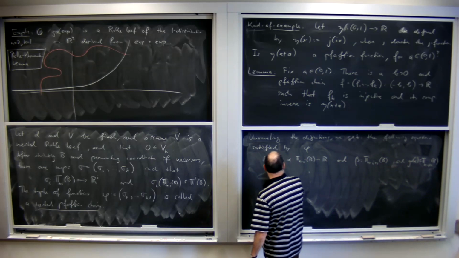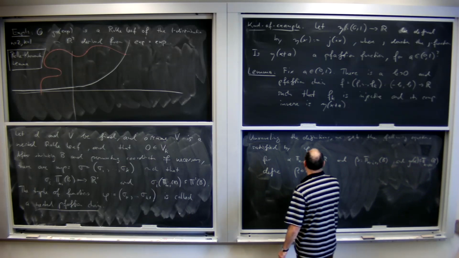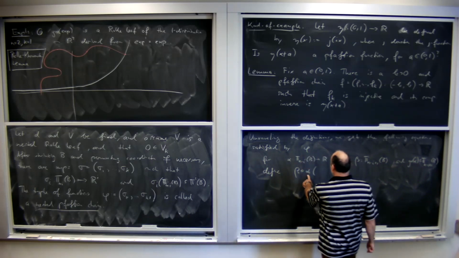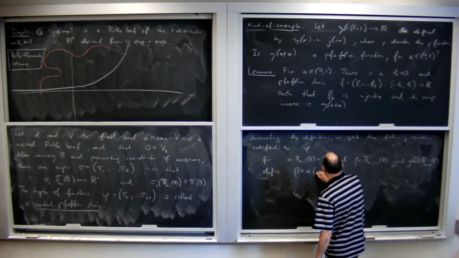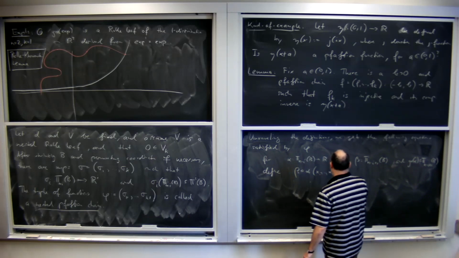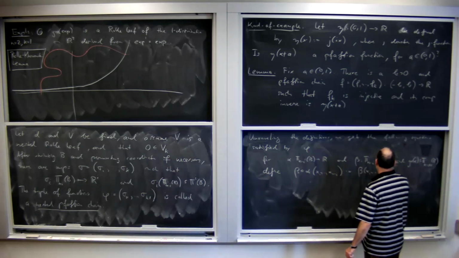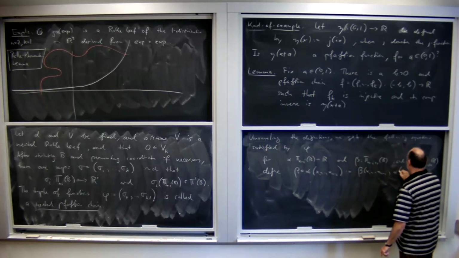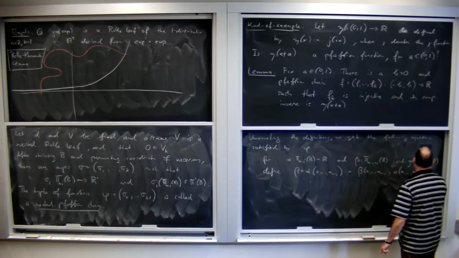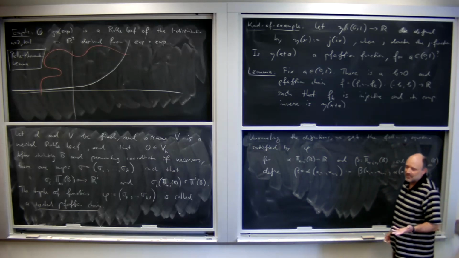Right, I'm going to define the following type of composition. Define beta composed with alpha, right, which is going to be a function of n minus I variables, x1 up to x n minus I. That's going to be beta of x1 up to x n minus I, and then for the last coordinate in beta, I plug in alpha of x1 up to x n minus I. Right, composition in the last variable.